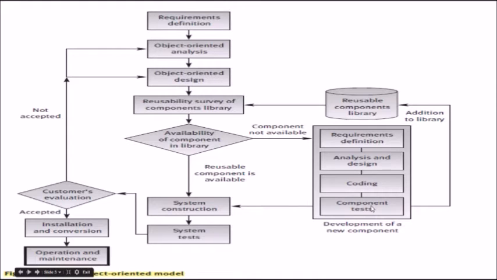Okay, after the component is done and tested, we will do the system construction. After the construction, we will test the system and then hand it out to the customer. The process is the same: if the customer accepts it, then we install it on the client side, and the system will be in the operation and maintenance stage.